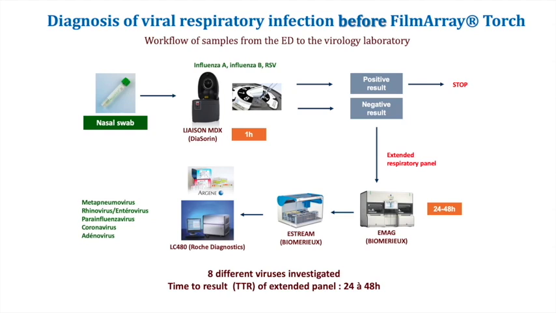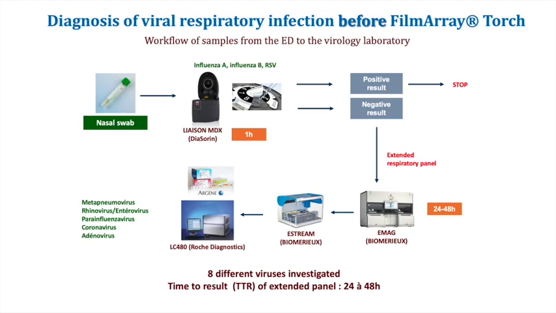So we changed our viral respiratory infection diagnosis process between 2017 and 2018. In 2017, we took the nasal swab of the patients and sent it to the virology laboratory, and first they performed a rapid test to detect influenza A, influenza B, and RSV.